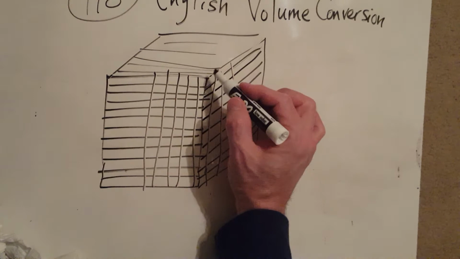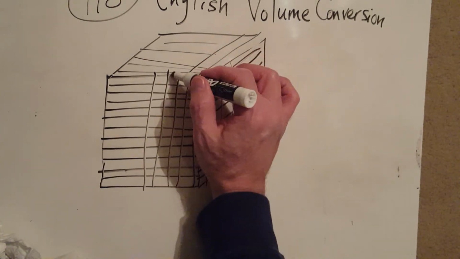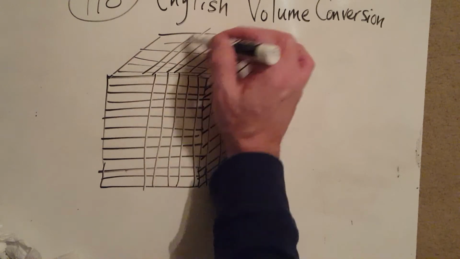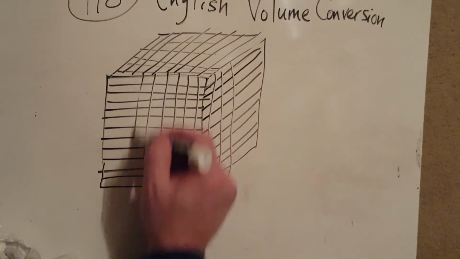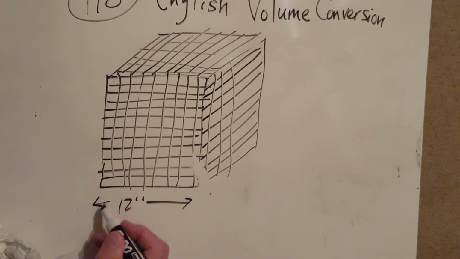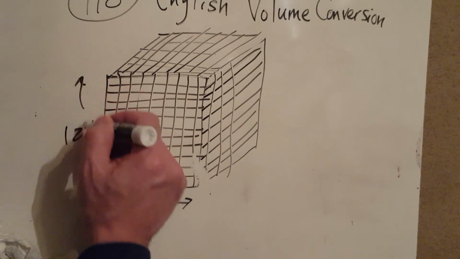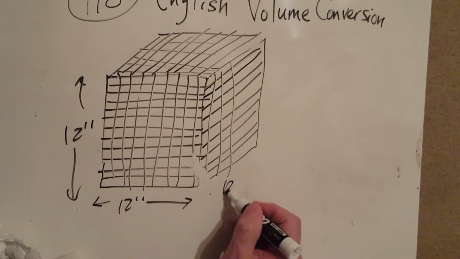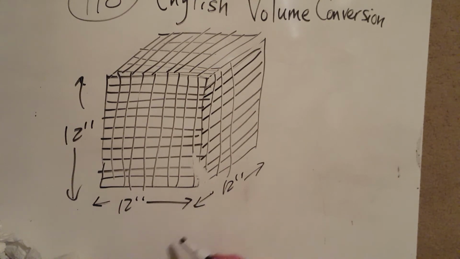Just a stack of these 1 inch cube boxes making up this cubic foot, okay? And so there's going to be 12 inches this way, 12 inches this way, and 12 inches this way, okay? So if you wanted to figure out how many cubic inches are in a cubic foot, then if you use your units to help you keep that straight, it will guide you in setting up your math, right?